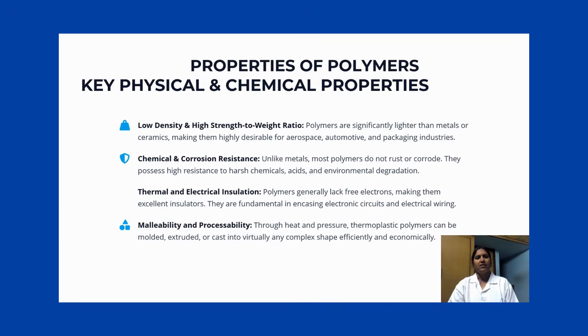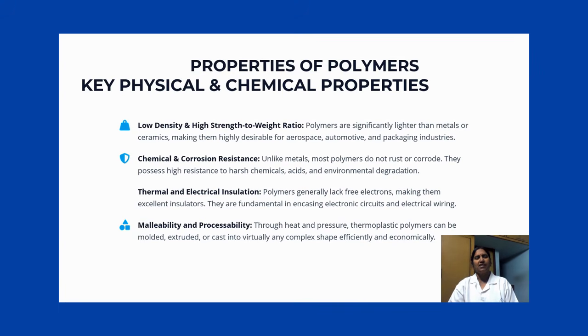Properties of polymers. Key physical and chemical properties. Low density and high strength to weight ratio: polymers are significantly lighter than metals or ceramics, making them highly desirable for aerospace, automotive and packaging industries. Chemical and corrosion resistance: unlike metals, most polymers do not rust or corrode.